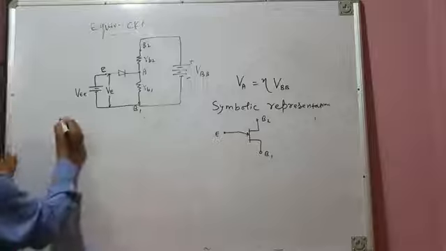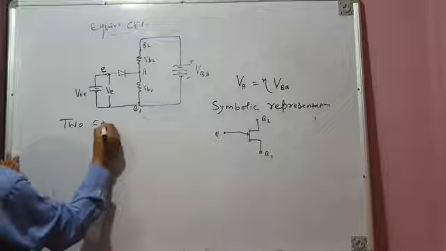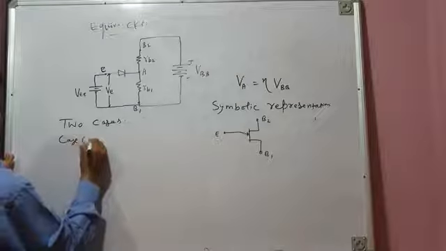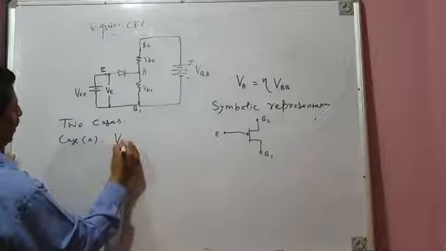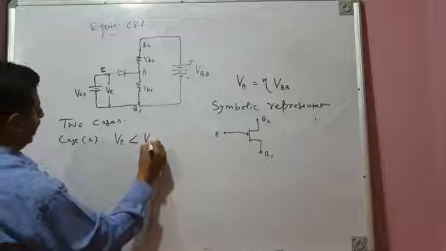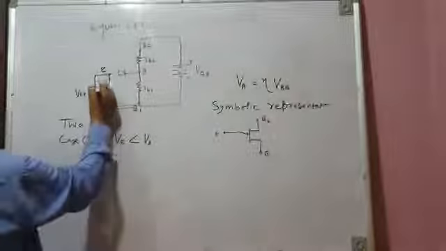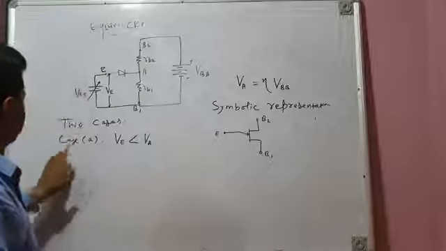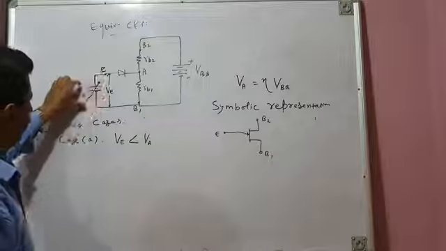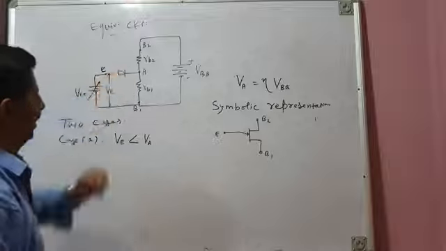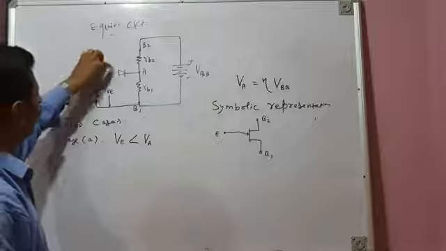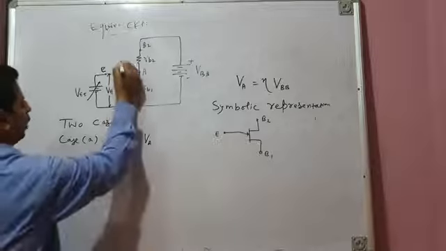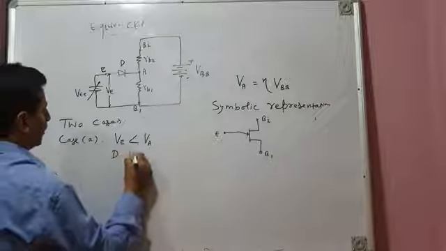Now two cases will be there. We'll discuss two cases. Case A, VE is less than VA. Now this VE you can make variable, you can change it. Initially, in case A, the applied emitter voltage is less than VA. That means the anode voltage is less than the cathode voltage. When that is the case, this PN junction diode, diode D, is reverse biased.